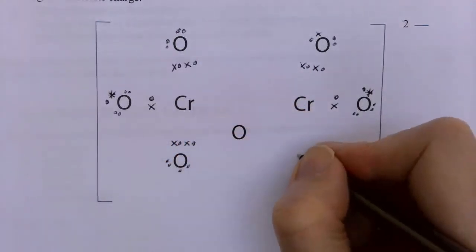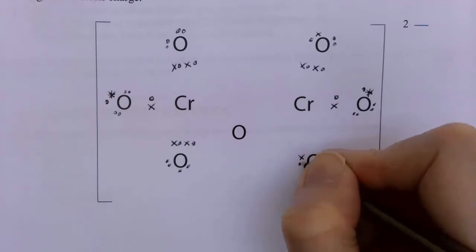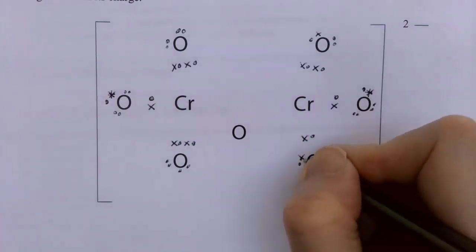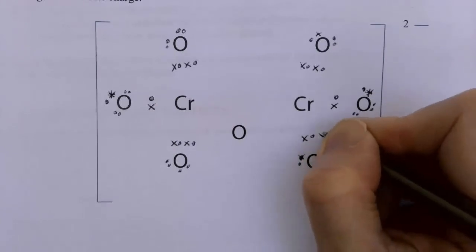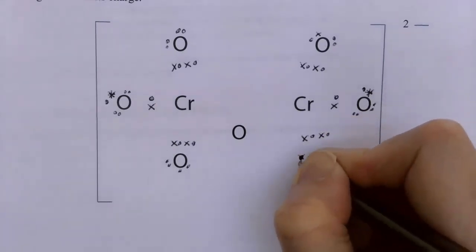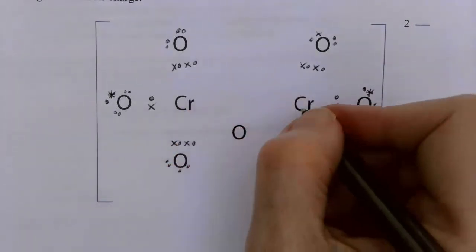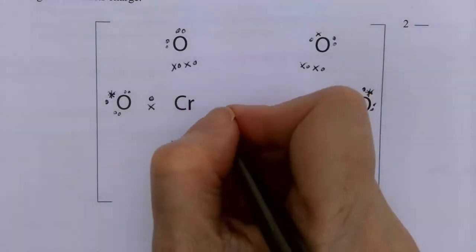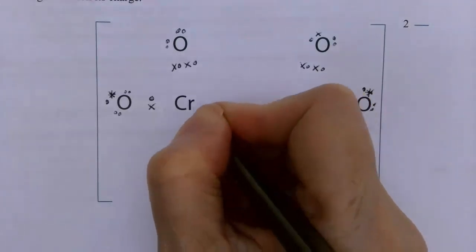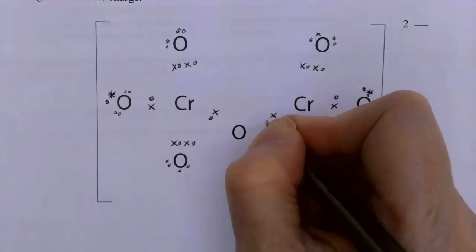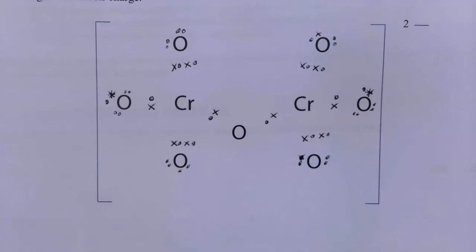It doesn't really matter, sorry, cross and dot, cross and dot, and then I've got dot, dot to show the lone pairs. This oxygen in the middle is linking the two sides together, so it's forming a dot cross with one chromium and a dot cross with the other chromium, just like it does with water.